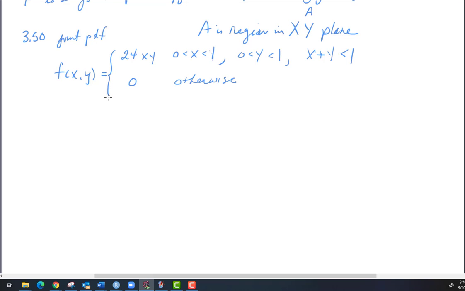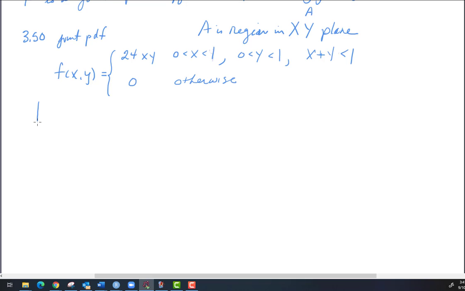So this is my joint PDF function. So that tells me that f of x, y would be the probability X is equal to x and Y is equal to y, and it's calculated by this formula right here, provided that the ordered pair x, y is in the set that's defined by these conditions.